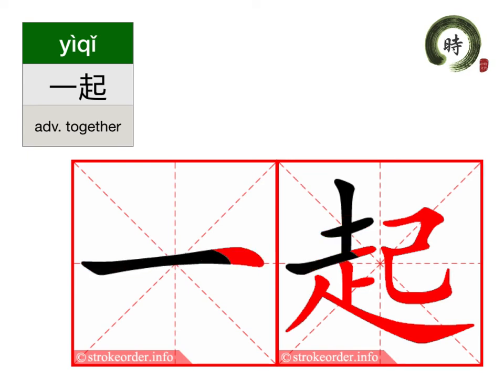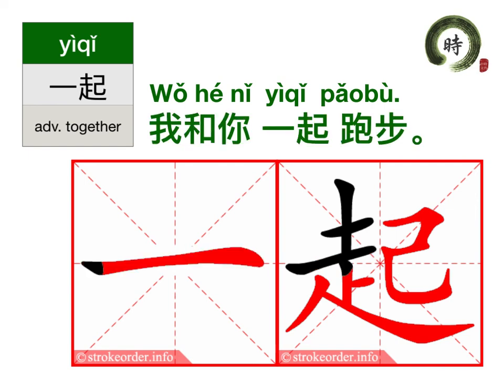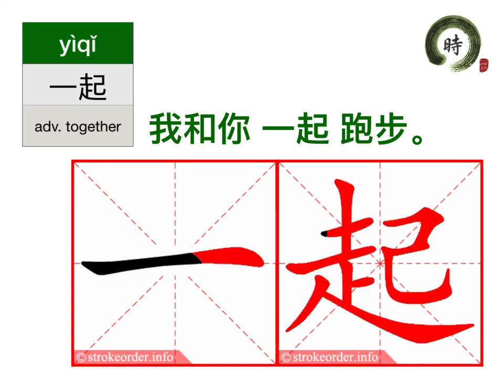So for example, I can run together with you. 我们可以怎么说呢？We can say 我和你一起跑步。Do you remember 跑步？Okay, so now let's repeat this sentence without pinyin. I run with you. I run together with you.